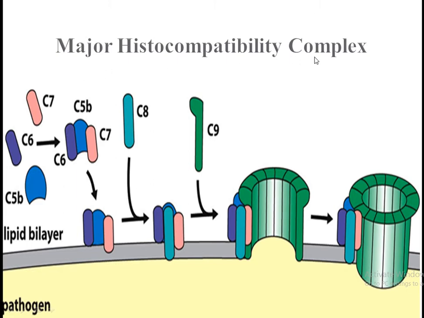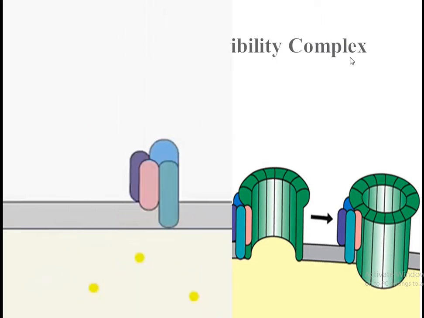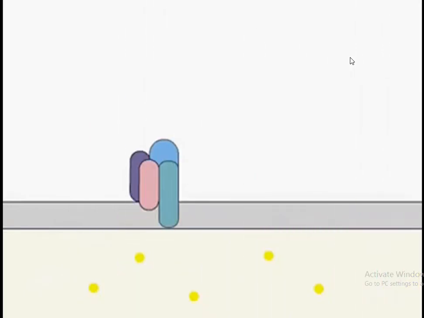So what is that? It is actually all these proteins combined together that form the major histocompatibility complex, which is of two types, type 1 and type 2. Through this animation, you can clearly see how it is going to be formed.